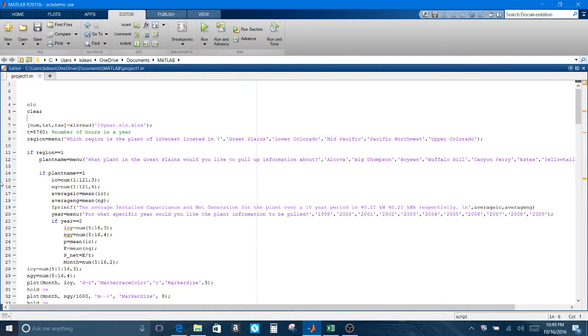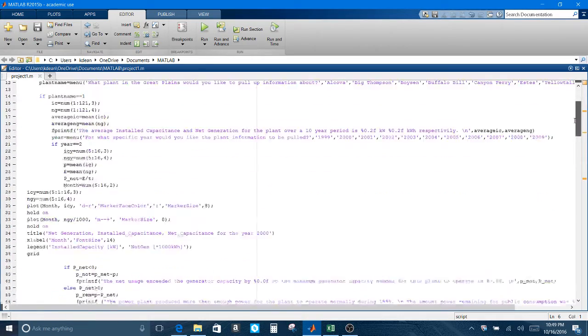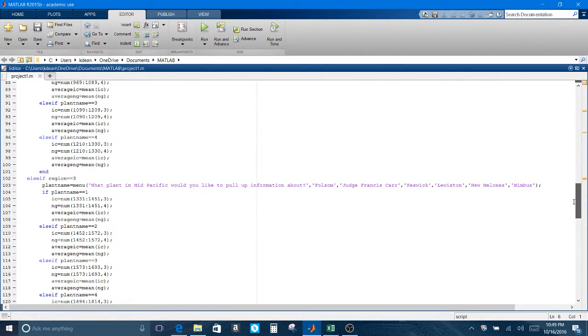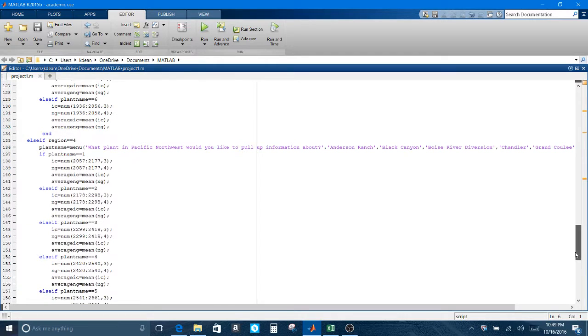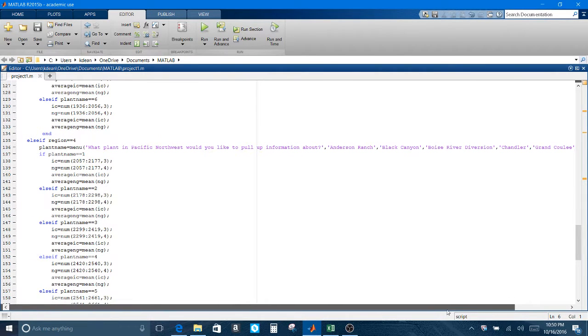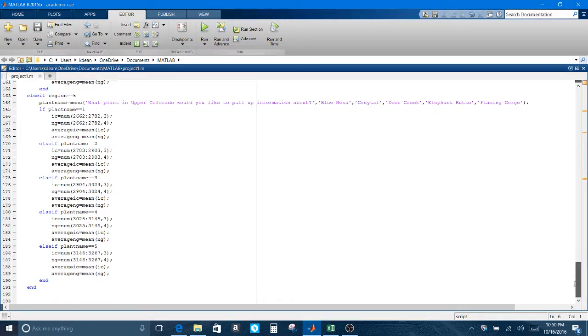And according to the location the user selected, a menu should pop up asking what power plant they wanted to look up. As you could see here in the mid-Pacific, there's all these power plants. In the Pacific Northwest, there's these, and so on.